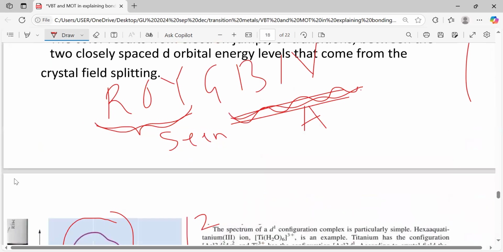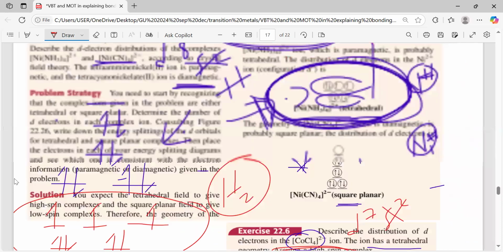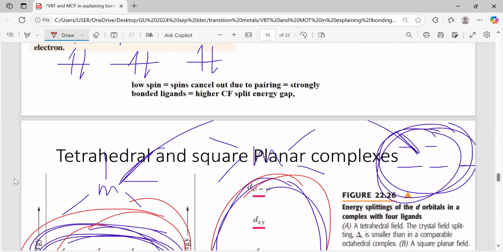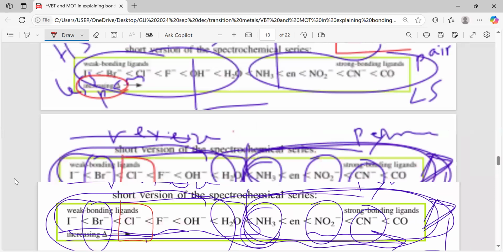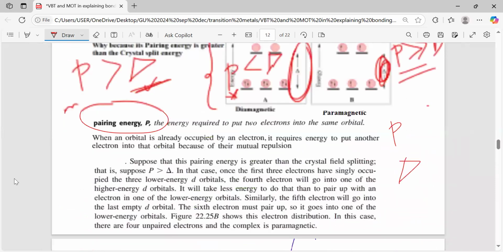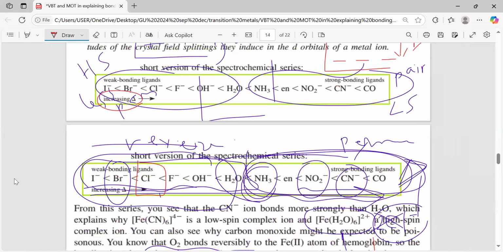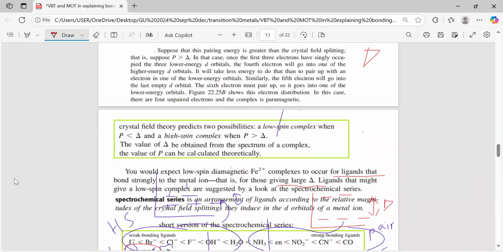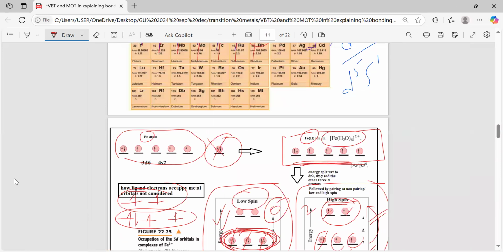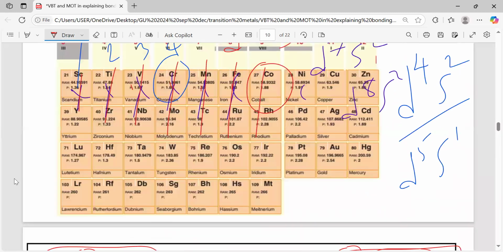Okay, maybe I'll just take you back to the periodic table so that you see what the titanium is made up of before we make any conclusions. So where is our periodic table? It is here. So this is our titanium. It's a D2, meaning it's D2S2.